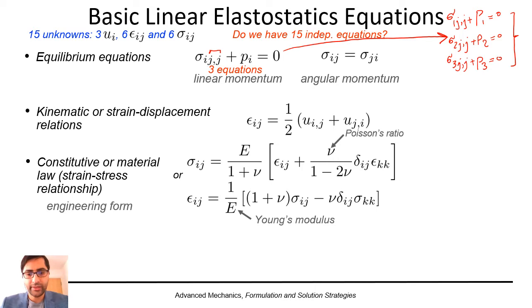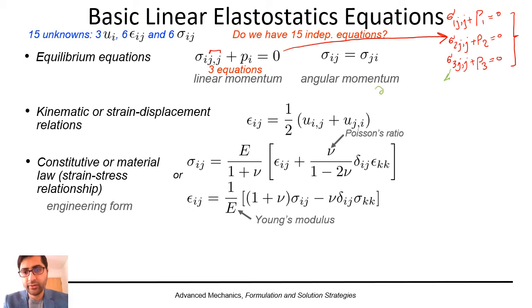And note that j is a summation index. So for example, for sigma_3j,j plus p3 equal to 0, if we expand it, we get sigma_31,1, which I'm going to write in terms of partial derivatives.